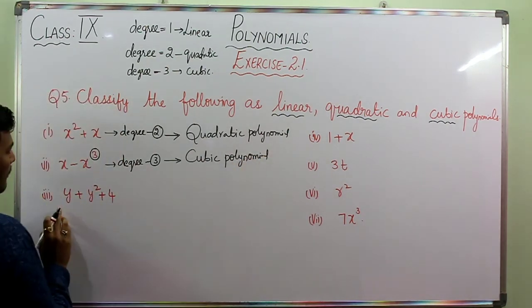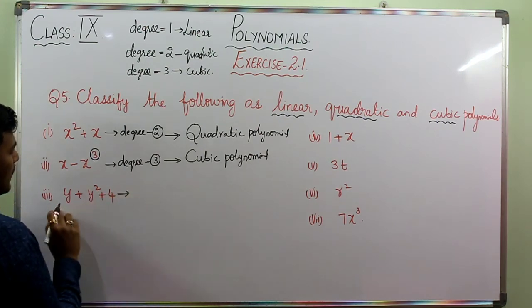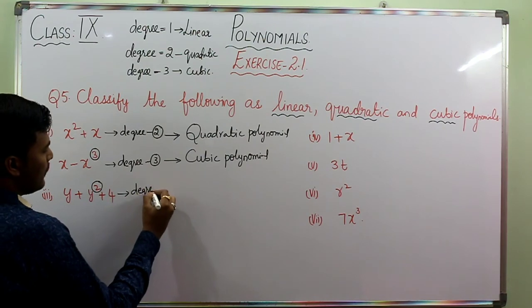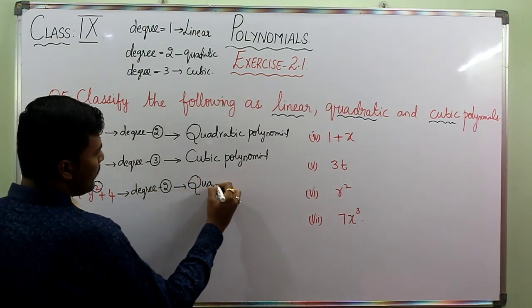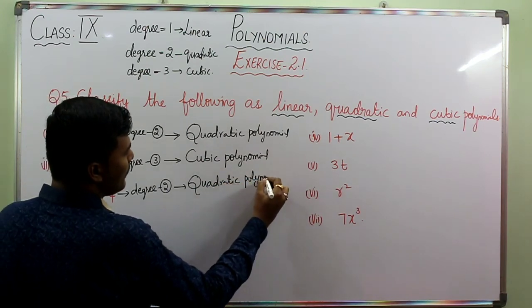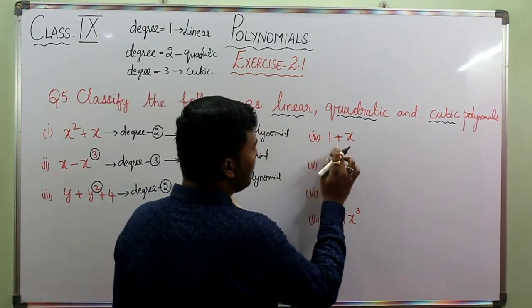The next one is y plus y square plus 4. Here the highest degree is 2. Hence it is called a quadratic polynomial. The fourth one is 1 plus x.